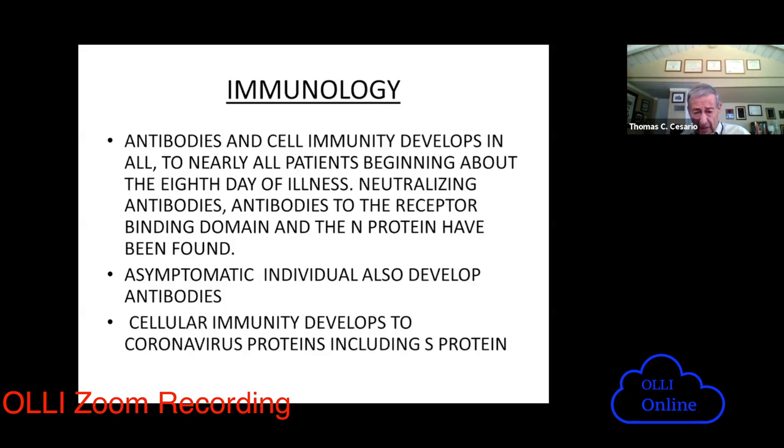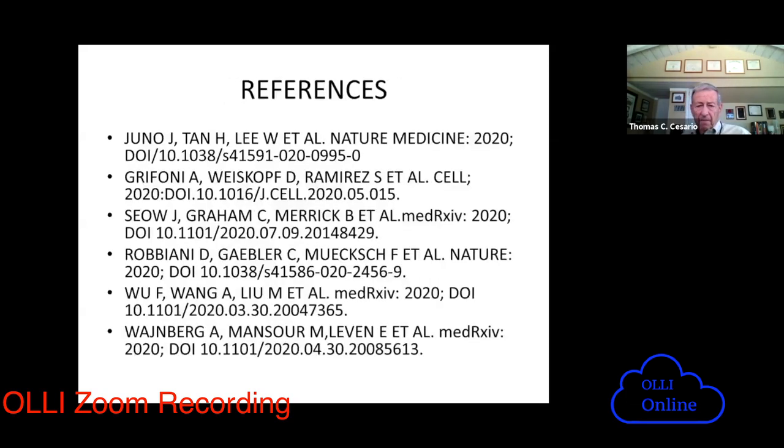We know asymptomatic people also develop antibodies. And we know that besides antibody, there is a correlate cellular immune response, the CD4, CD8 cells. And generally, there's a correlation between the amount of antibodies and the amount of cellular immunity you develop. Next slide. That's the references for the immune system. Next slide.